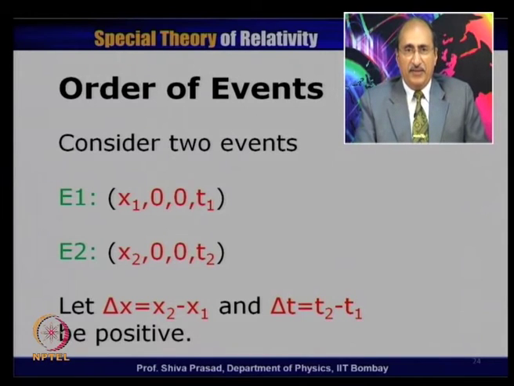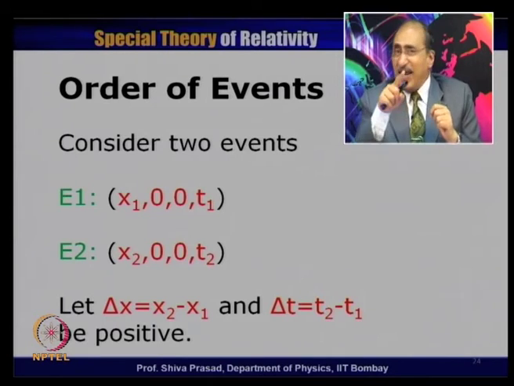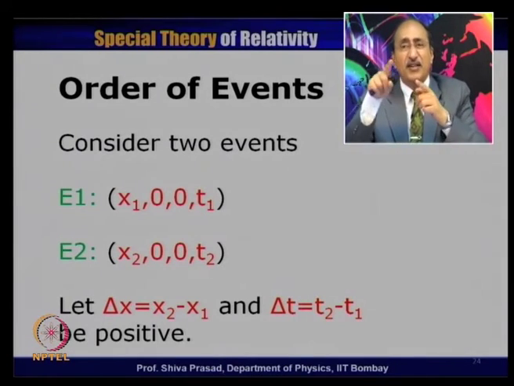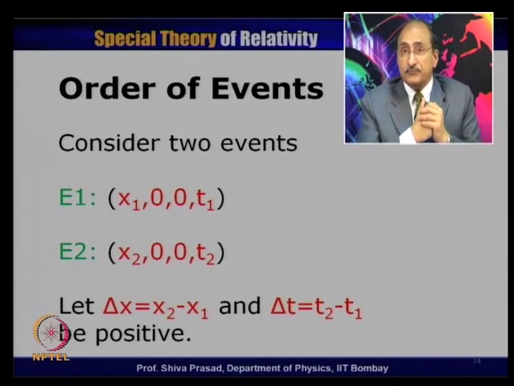Now, my question is, if delta x is positive and delta t is positive, is there a frame in which delta x can become negative? If we go to a different frame, I should call it delta x prime. Delta x prime has become negative and delta t prime has become negative. One or both of them have become negative. Is it possible?